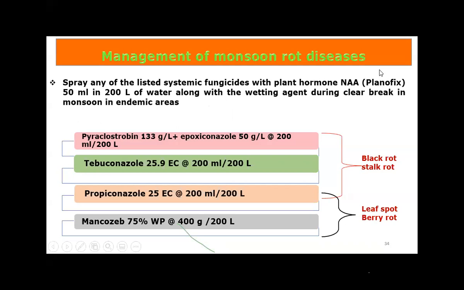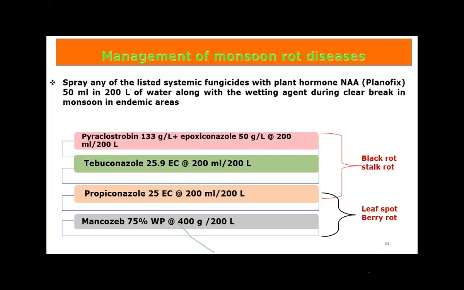Alternatively, now that it is raining, we cannot use the Bordeaux mixture. Alternatively, we can use systemic fungicides like the combi product pyraclostrobin and epoxyconazole, which is very effective, and tebuconazole is also effective, and propiconazole is also very effective.